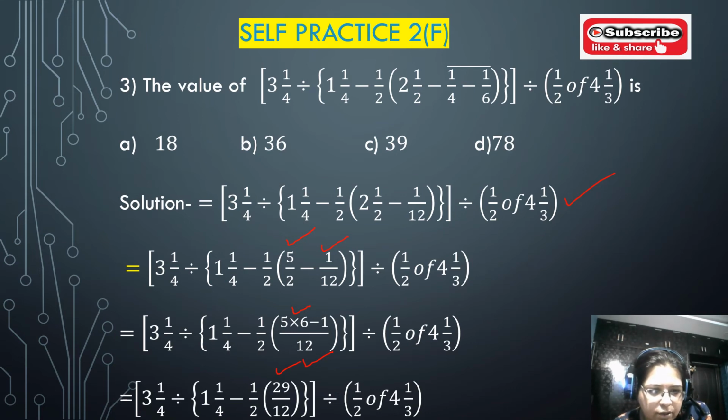Now we get 3 1/4 ÷ {1 1/4, which is inside the curly bracket, minus 1/2 multiplied by 29/12}, the whole divided by 1/2 of 4 1/3.